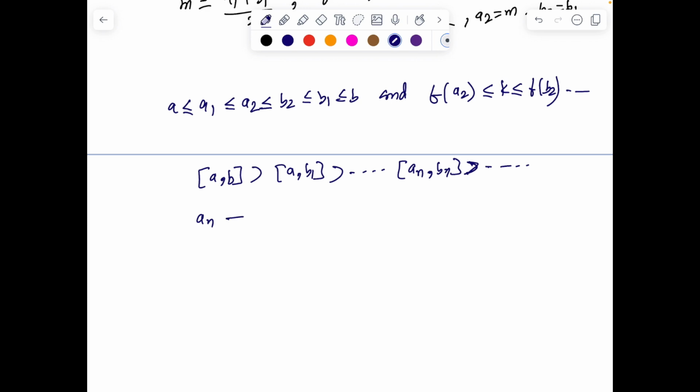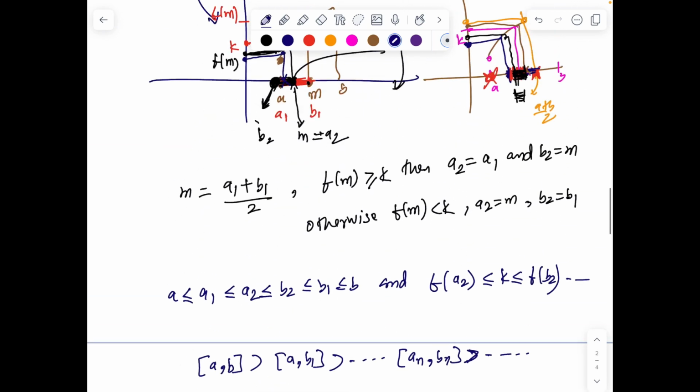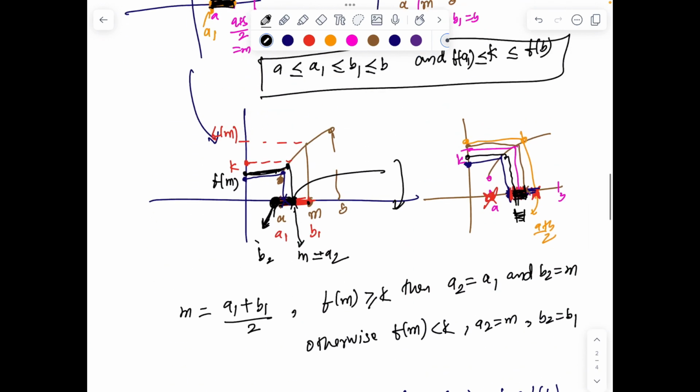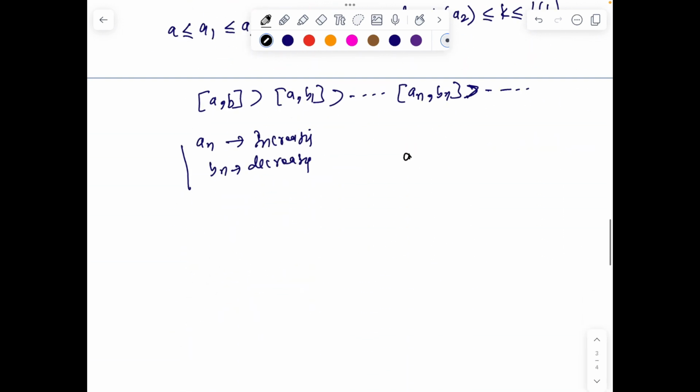Right? Now we can clearly see a_n is an increasing sequence and b_n is a decreasing sequence, the way I have constructed this, right? Furthermore, by the very construction you can see the gap between, let's say, a1 and b1. Since a1 was a and b1 was b, and the midpoint was (a plus b) by 2, so I have defined this gap as the gap between a1 and b1. तो ये गैप जो आया मेरे पास आ गया (a प्लस b) बाई टू माइनस a का गैप.